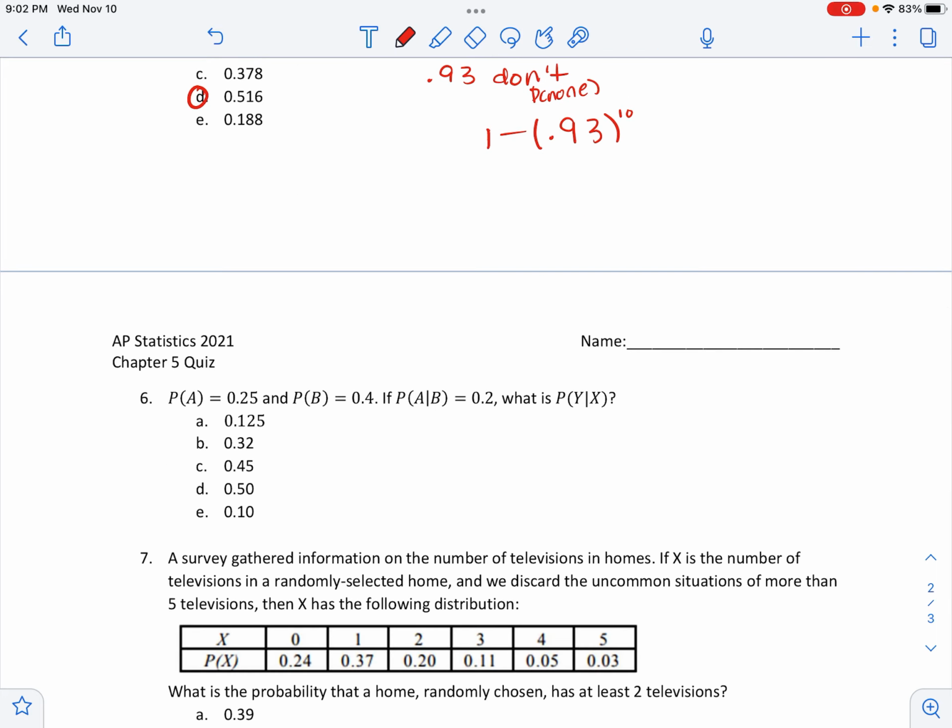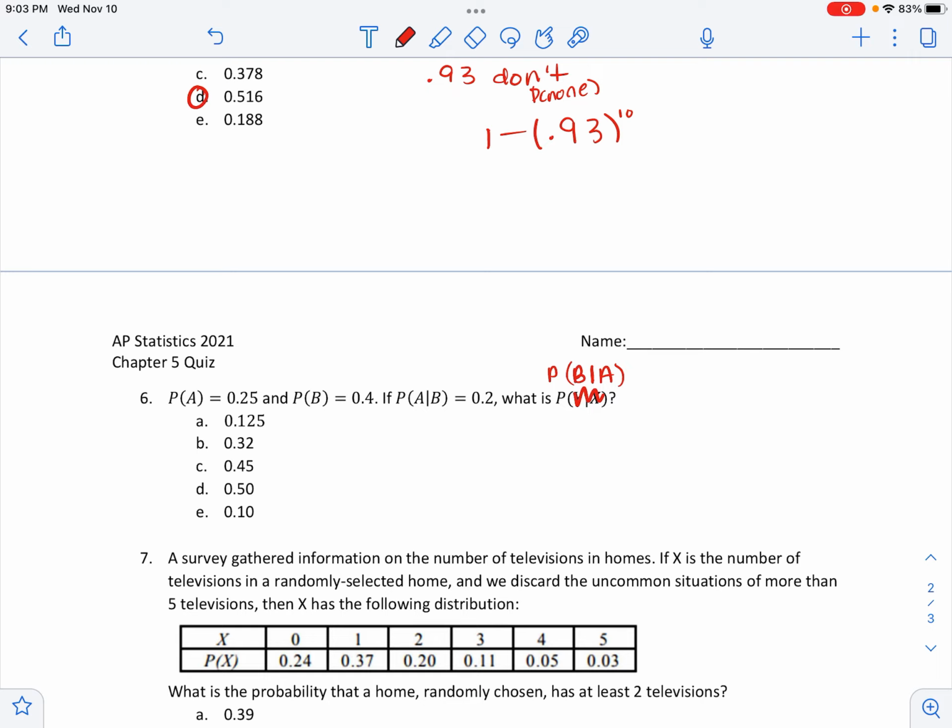All right, so our first typo here, I actually want the probability of B given A. I'm given the probability of A, the probability of B, and the probability of A given B. Now, I need to use this information to find what I want to find.